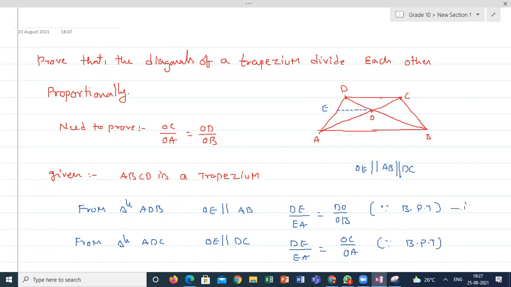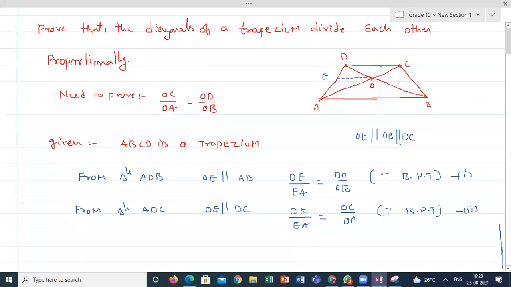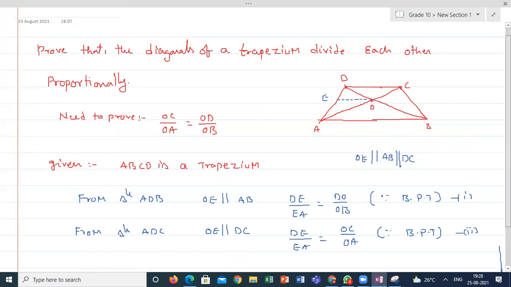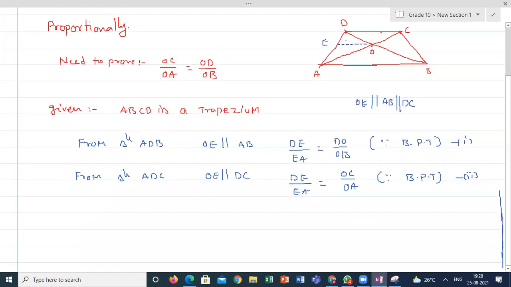This is equation 1, this is equation 2. OD and OB are the parts of the diagonal DB, and OA and OC are the parts of the diagonal AC, which is dividing AC into two parts.